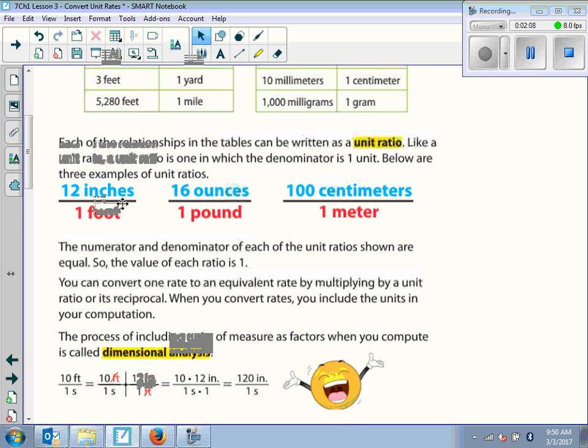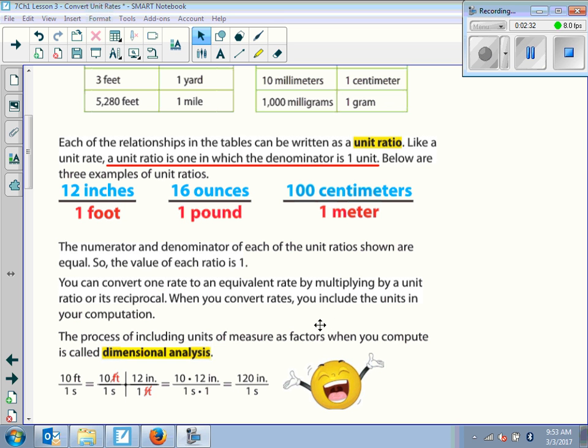So we've got 12 inches in a foot, 16 ounces in a pound, and 100 centimeters in a meter. The numerator and the denominator of each of the unit ratios are equal in measure. So the value of each one of these is 1. Do you remember we talked about that at the beginning of the school year?